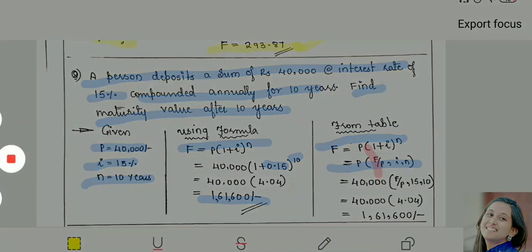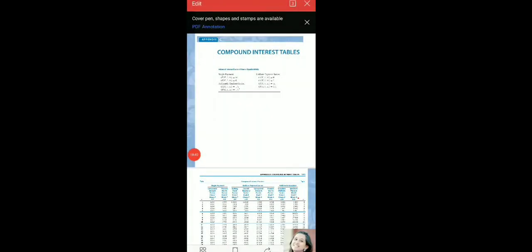Now I'll explain how to check the table. You are able to see here, this is the compound interest table. This particular compound interest table will even be allowed in the examination. It will make your problem solving technique very easy.